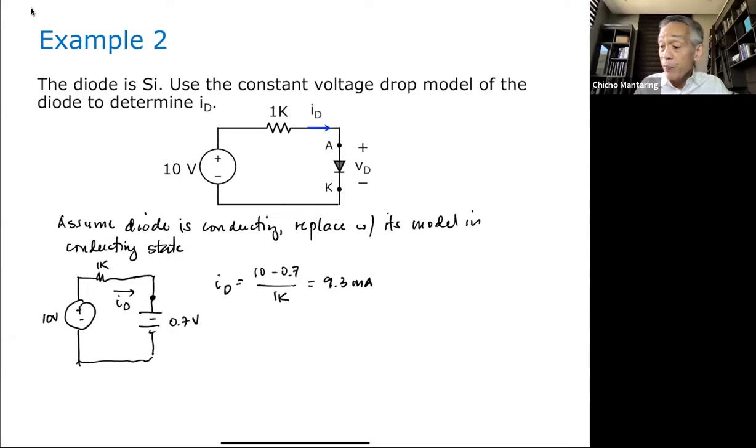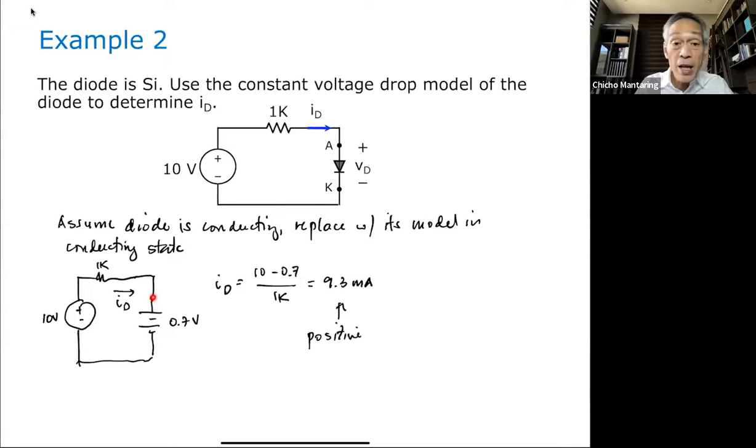Okay, note that the answer is positive. What does that mean? That means that our current is really flowing from the anode to the cathode.